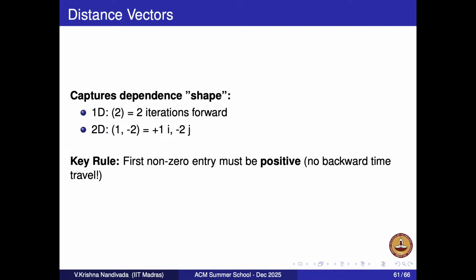What will I write if I have code like this? A sub f of i equal to A sub g of i.